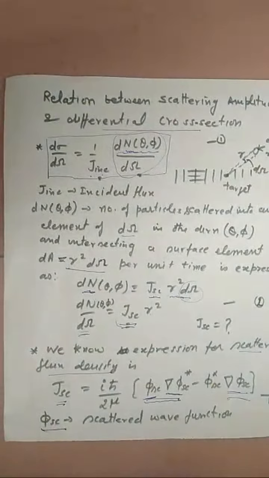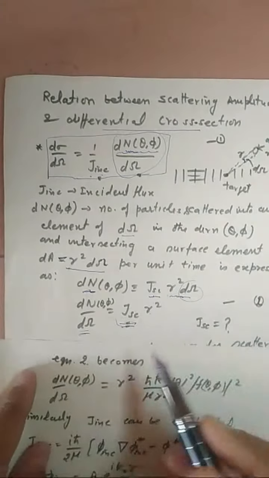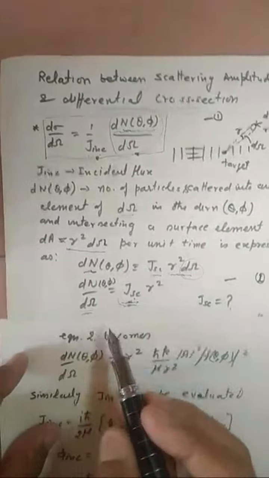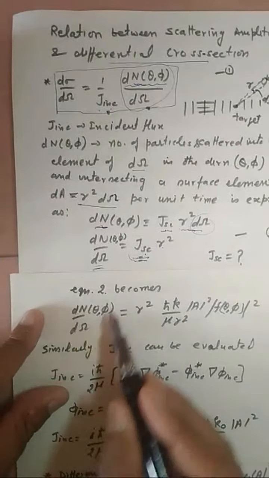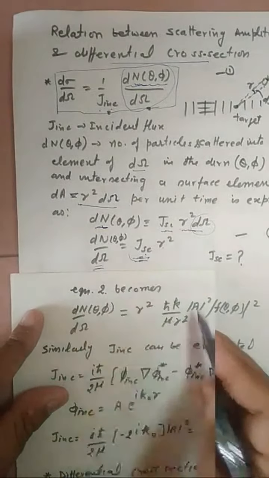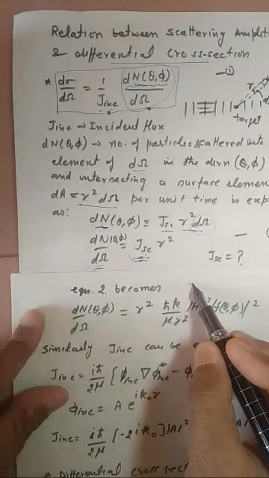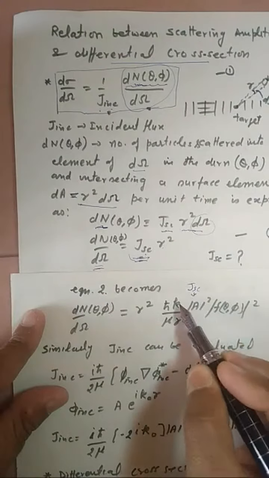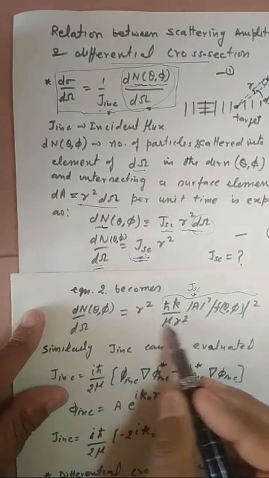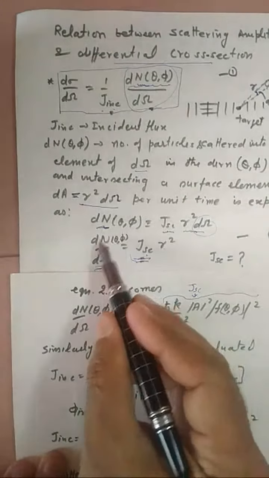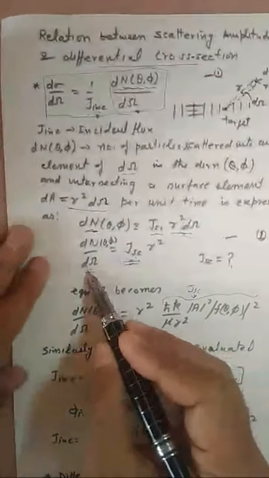If I substitute the value of j s here, substituting the value of this r square, r will get cancelled here. So basically we got this parameter now.